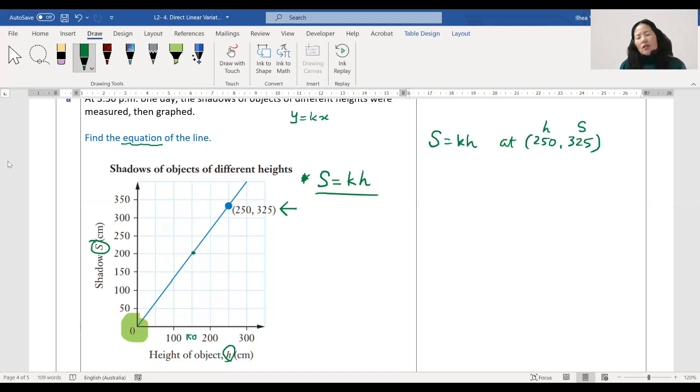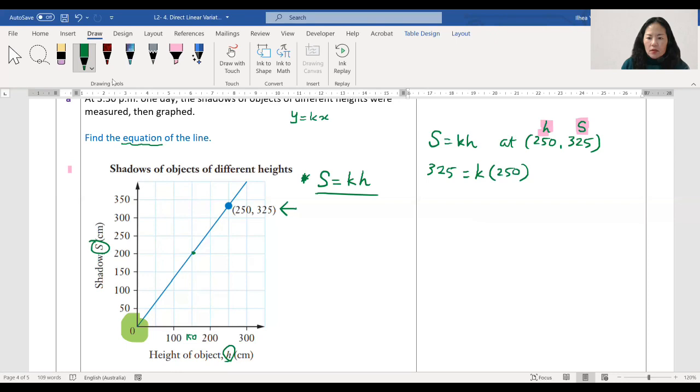Now, I think it's a good idea to indicate which coordinate is what. Don't just think it's x and y, because it's not x and y anymore. But because we were so well trained with x and y, you might get confused. So I think it's a good idea to indicate which one is my h and which one is my S. So 325 equals k times 250.